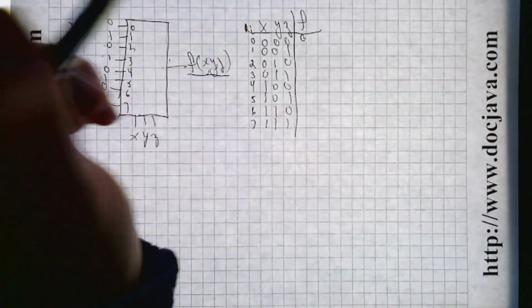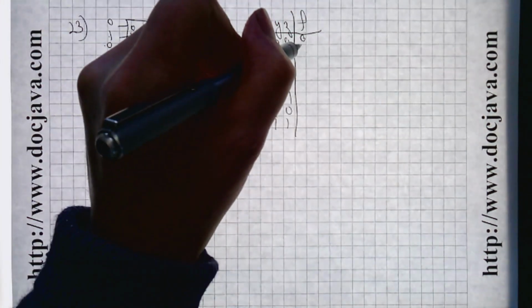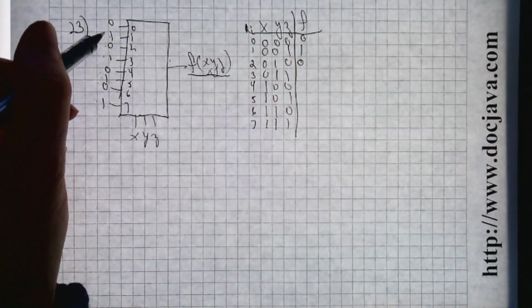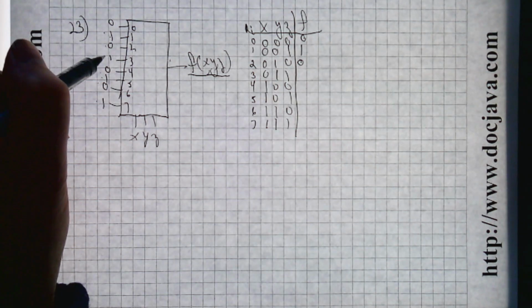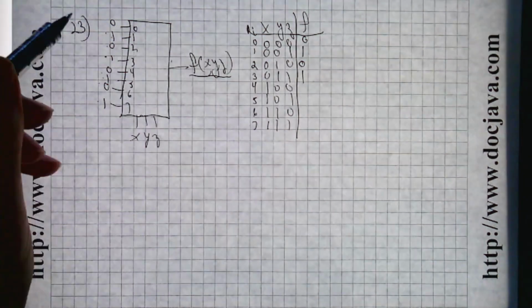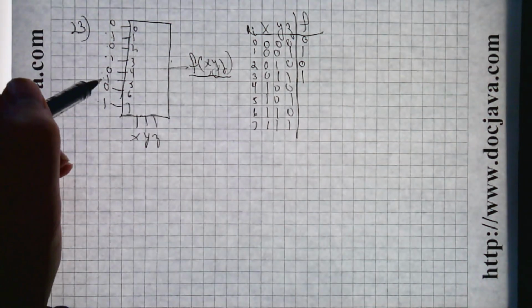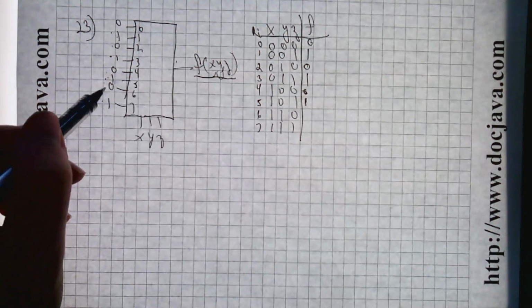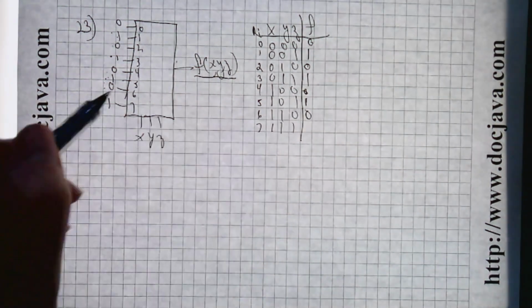There you go. Well, what about row 1, row 3, row 5, row 6, and row 7?